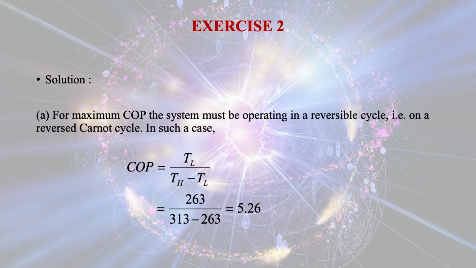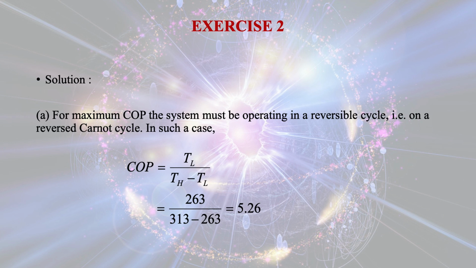Here TL is equal to 263 Kelvin and TH is equal to 313 Kelvin. Put the values for TL and TH and calculate the COP. For this problem, it comes out to be 5.26.